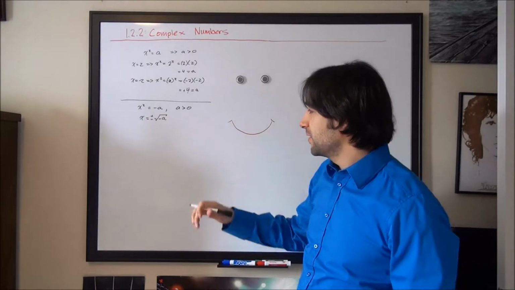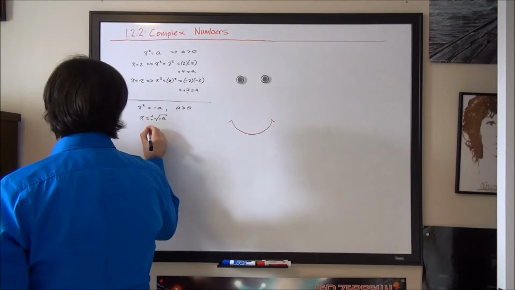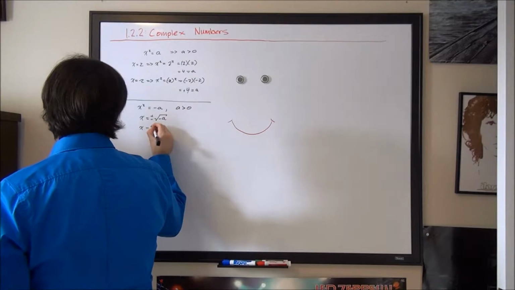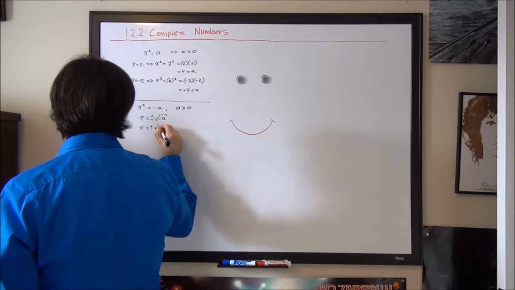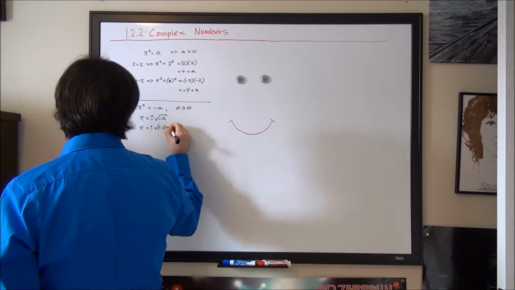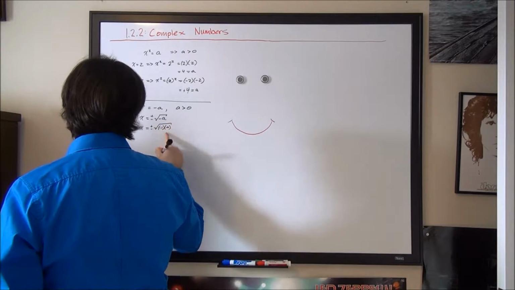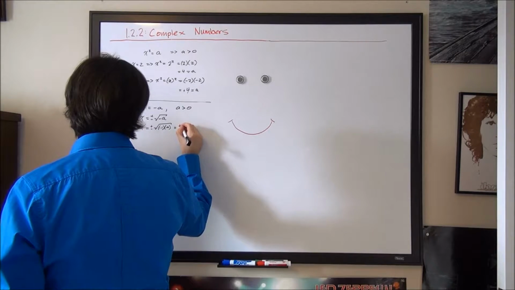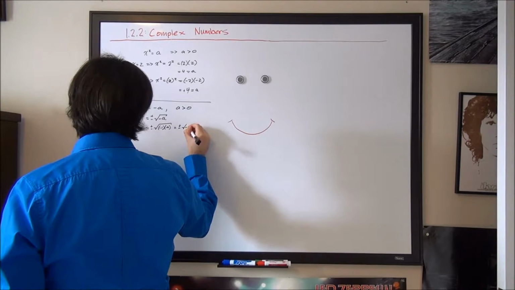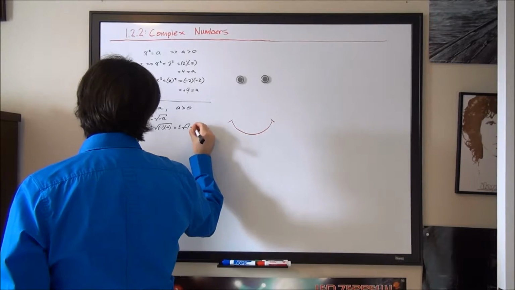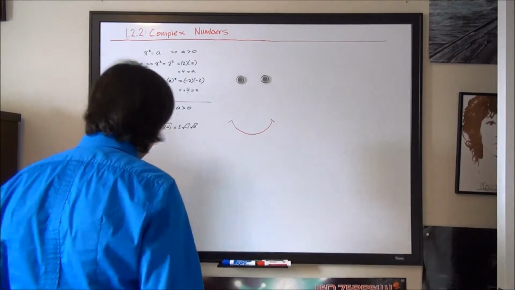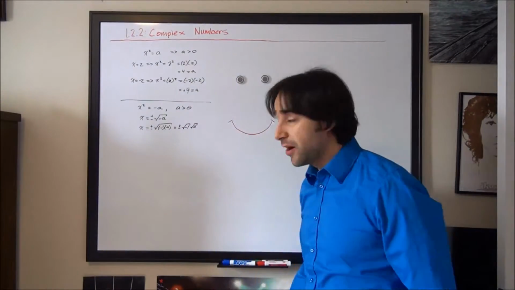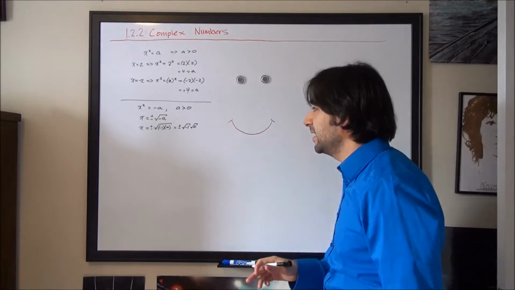So, we're going to factor out the negative 1. So we'll say x is equal to plus or minus the square root of negative 1 times a, and we can make this two square roots now. So the square root of negative 1 times the square root of a. And that's great, because your calculator can tell you what the square root of a is.